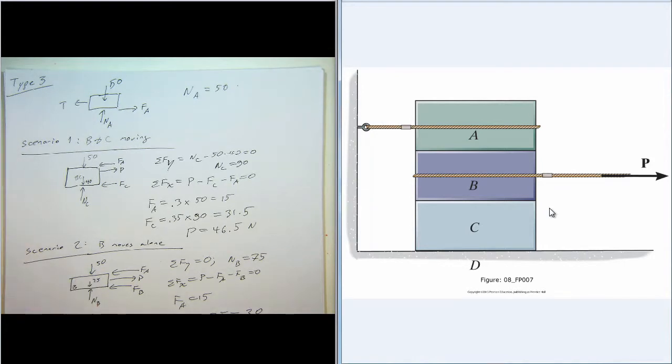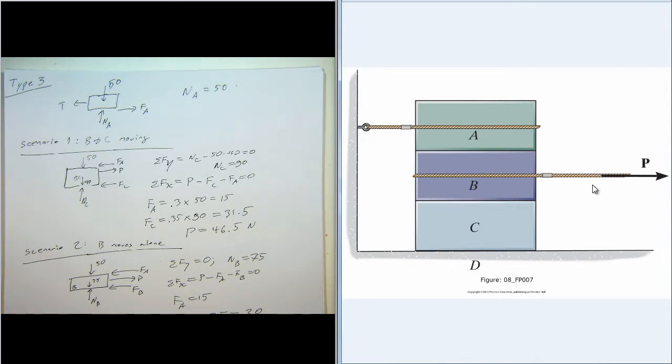So for this scenario, whenever P is 45 newtons, then we get motion. So we know that this scenario will happen before this one, because once we start off with P is 0 and gradually increase it, and once it gets to 45, then this block B will start to move by itself, and C and A will remain stationary. So this is the smallest force that causes motion.